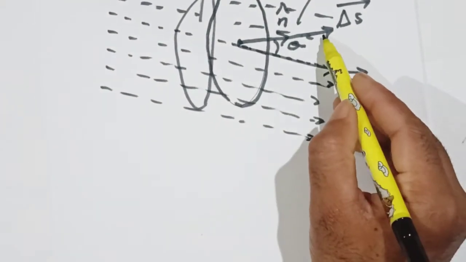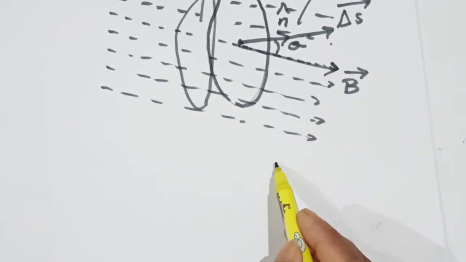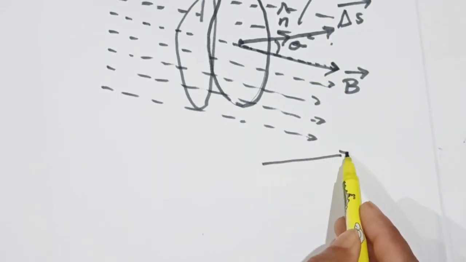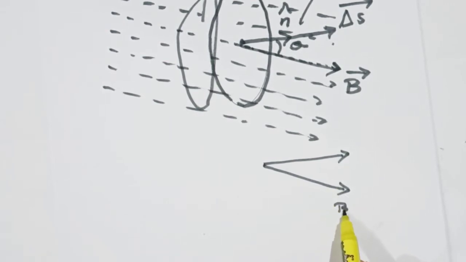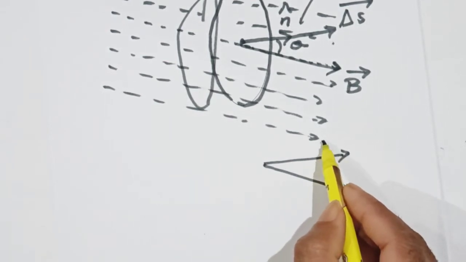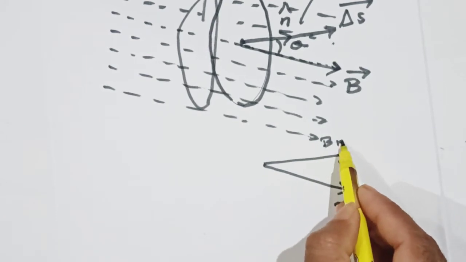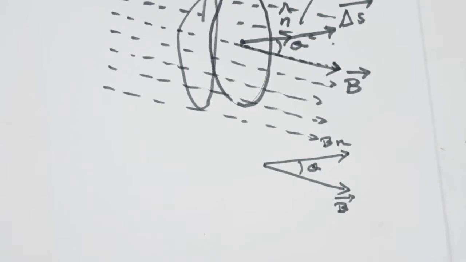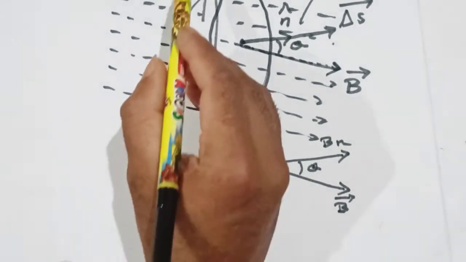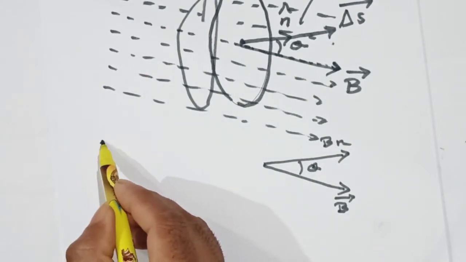Now let's take out this part. It looks like this: B, Bn, this vector, and theta. By definition, what is the magnetic flux?